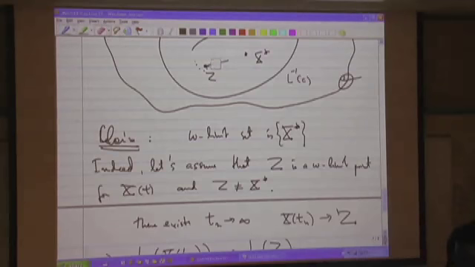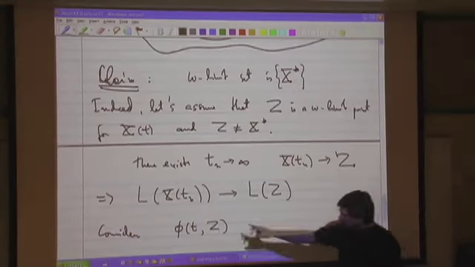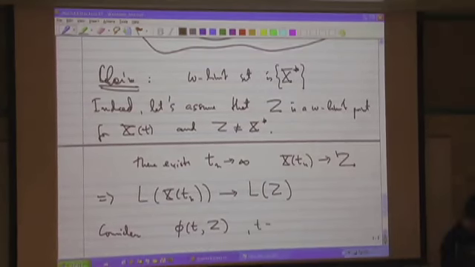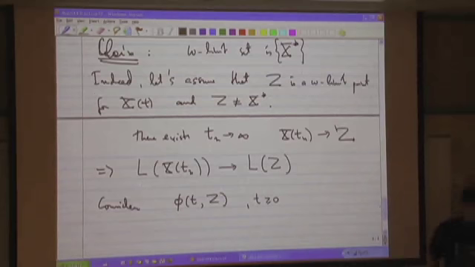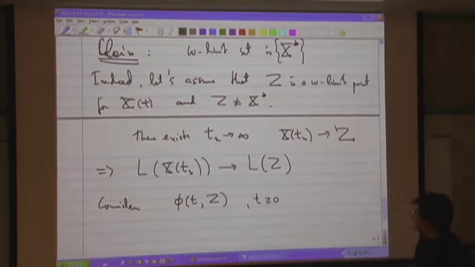Maybe it doesn't go straight towards this, but it has its own trajectory, right? So consider the solution curve that starts at z, and time, right? What do we know about this? Again, I think the picture helps.